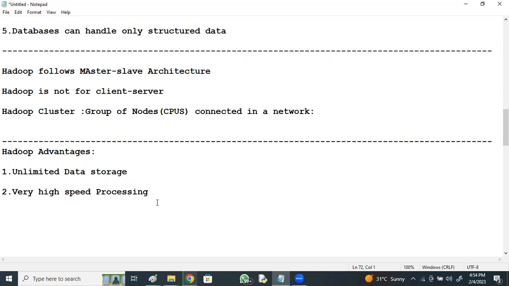Unlimited data storage, very high speed processing. And it can handle all varieties of data: structured, unstructured and semi-structured. Open source, no licensing is required.